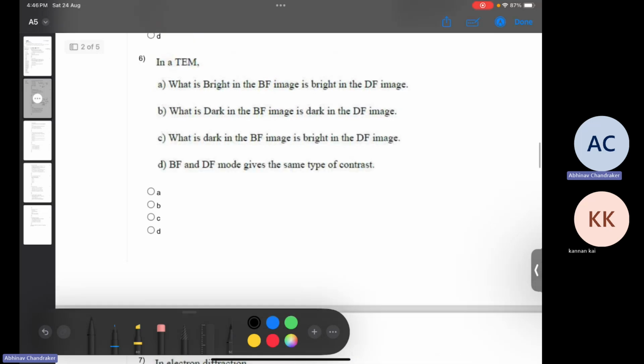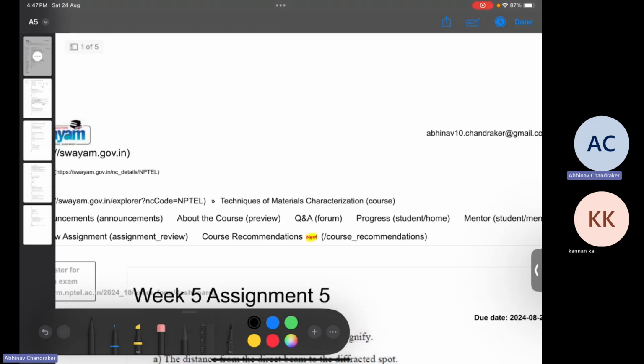Next question. I showed an image where we saw both the bright field image and the dark field image. What is dark in bright field is bright in the dark field image.